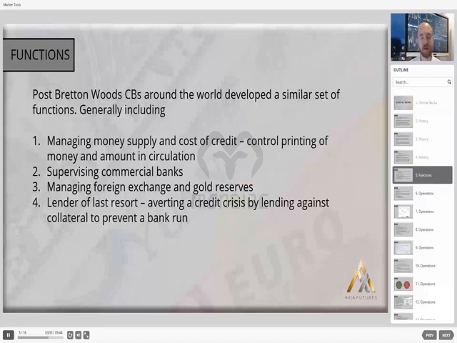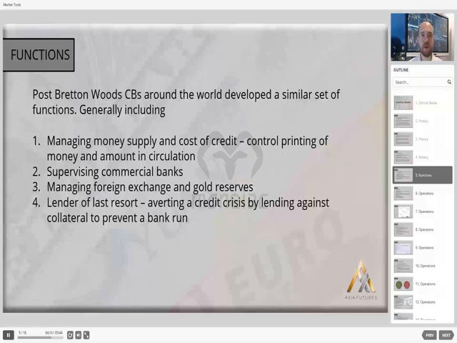Now if you control the supply of money, you can then print additional money in times when the economy needs it. This alleviates liquidity issues, but also by printing more money, there's a greater supply of money. Therefore, people demand less interest to lend that money because they know that money is easy to come by.